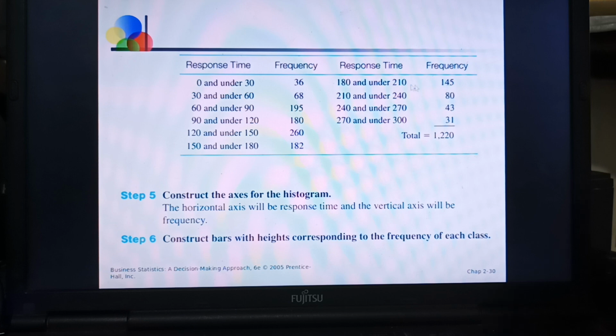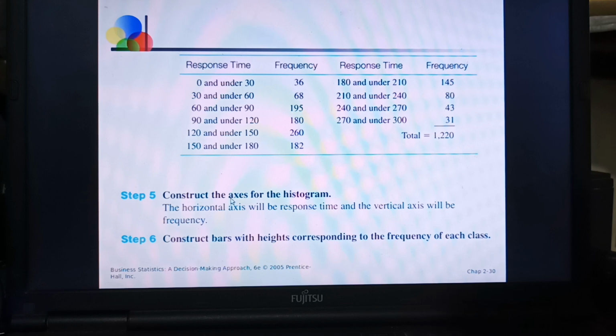And these are the frequency distributions, the number of seconds that it took the responders to get to their destination.